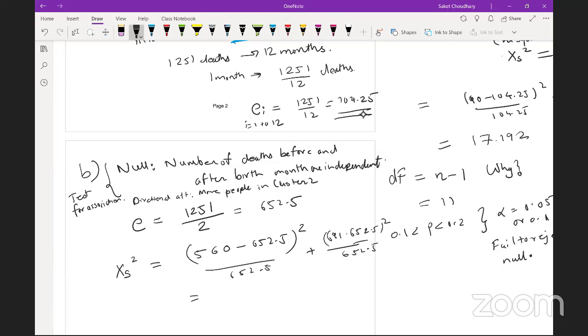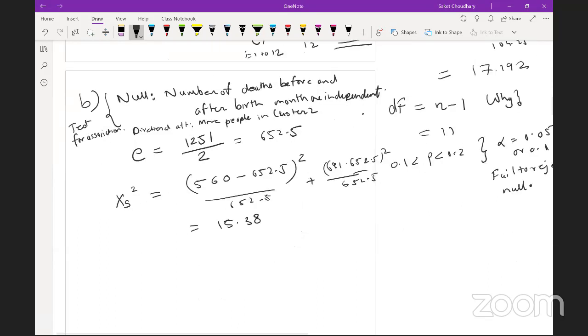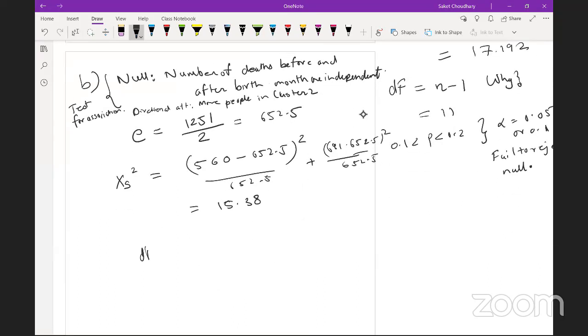If you calculate, the value that you get is 15.38. Any guesses as to what the degrees of freedom would be for this particular chi-square term? Yes, that's right, 2 minus 1.